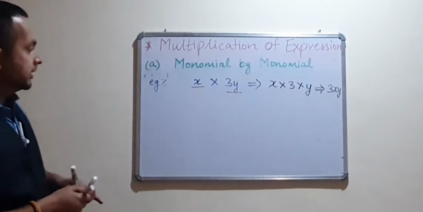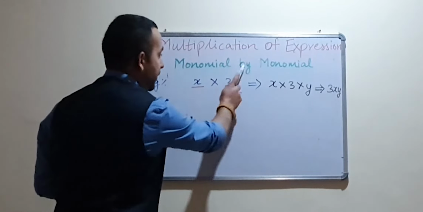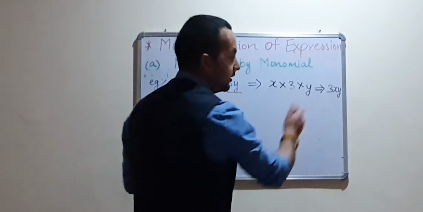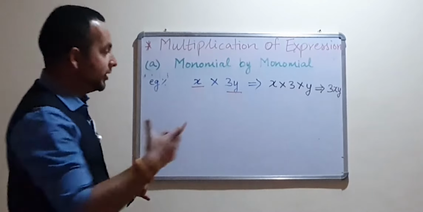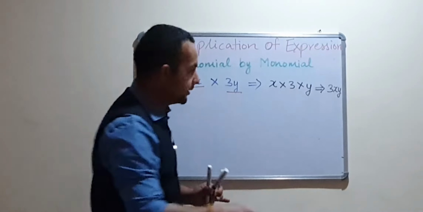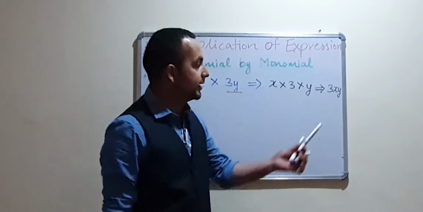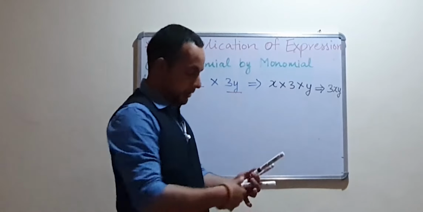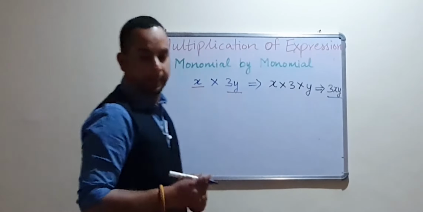Understood? When we multiply monomial by monomial, we will get a product as a monomial. The answer is in monomial. So 3xy is a monomial.